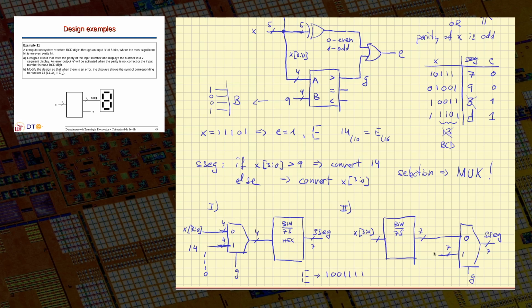So this is the value I have to put in this converter. This is the constant I will put in this line here: 1 0 0 1 1 1 1. Okay, so that's it. This is the solution.